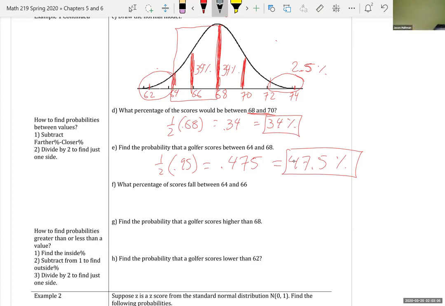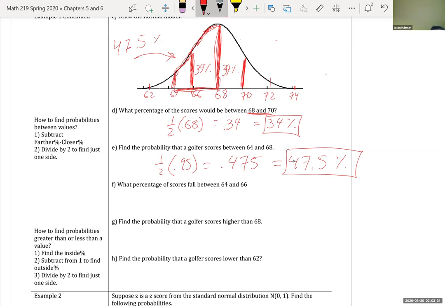I'm going to get rid of this 2.5 right there. So this whole thing in here, it's not really a rectangle, but in there, that whole thing was 47.5%.